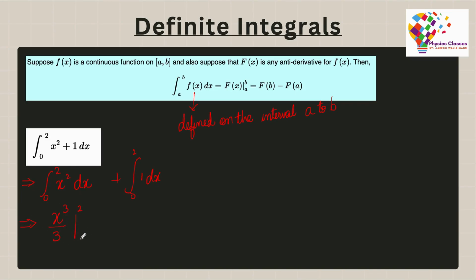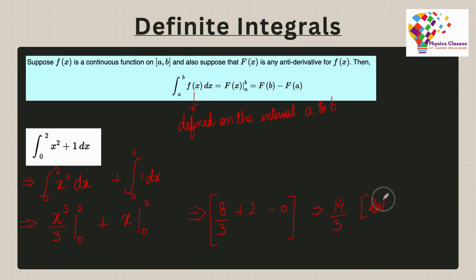If I substitute 2, x cube, 2 cube means 8, so 8 by 3 plus 2 minus 0. Further you can simplify this and it simply comes out to be 14 by 3. This is what definite integrals give you. Definite integrals always give you constant answers, some fixed values.